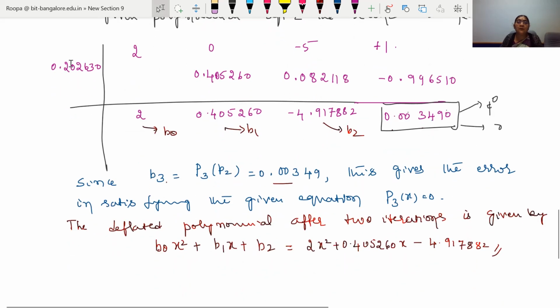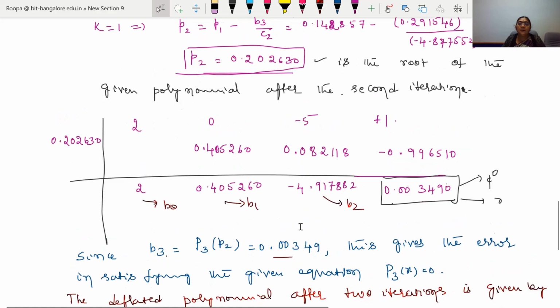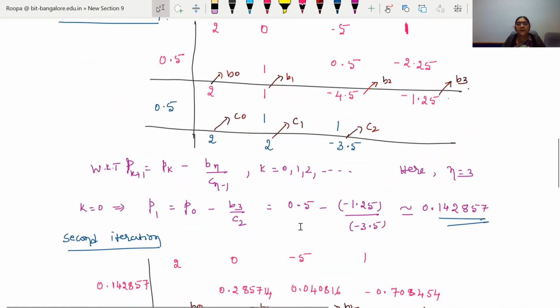This is the approximate root of the second iteration. The corresponding deflected polynomial, once you extract the linear factor from the cubic polynomial, is a quadratic form. This way I find the linear factor and also the deflected polynomial using the Vieta method.